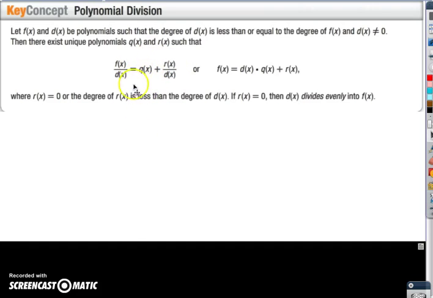So you're going to get some stuff, and then a remainder. Your remainder always goes over the thing you divide by. So that's very important for us. So when we divide polynomials, we are going to get a quotient, and we're going to get a remainder. Now, how we deal with that is pretty important.